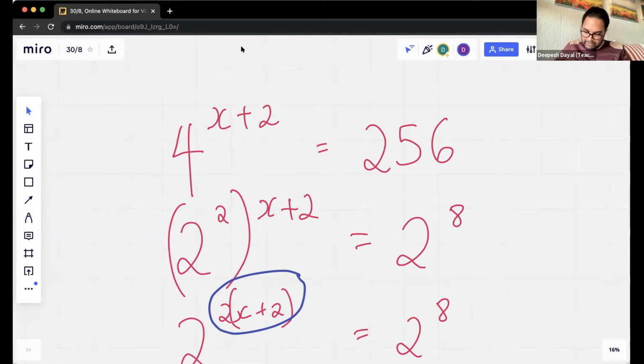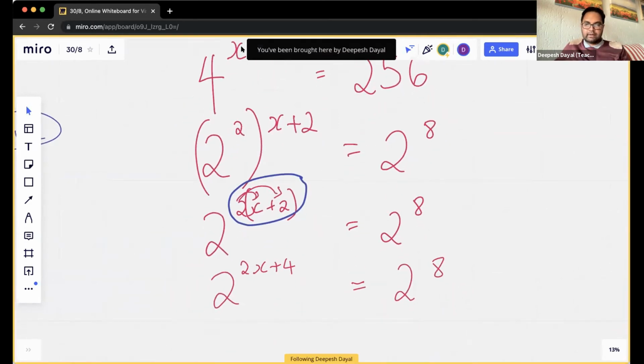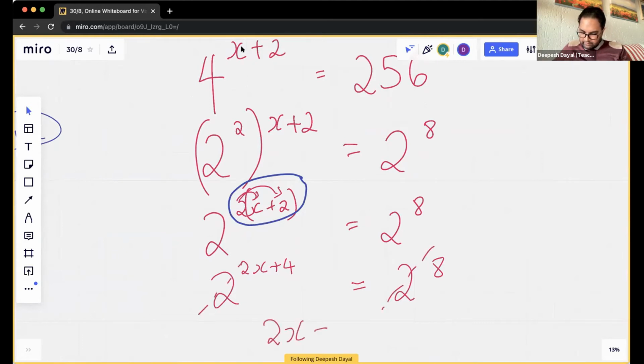And then we're going to multiply this into the bracket, right? So it's 2 to the power 2x plus 4 equals 2 to the power 8. That's very important, the blue circle. Then we cancel this and this, so it becomes 2x plus 4 equals 8.